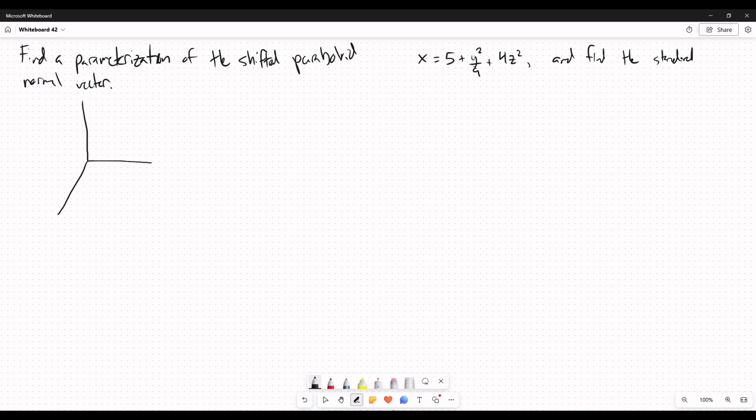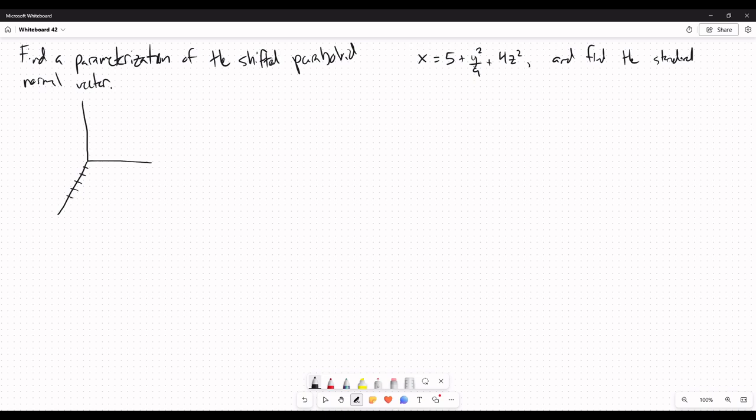So I know it's a paraboloid because I have x equals something squared plus something squared. It's technically an elliptic paraboloid, and it will, in fact, have ellipses, but I don't care about that too much right now. Since the x is by itself, I know that it's going to be kind of circled around the x-axis, and because there's a 5 plus in front, I know that it's going to be shifted 5 up.